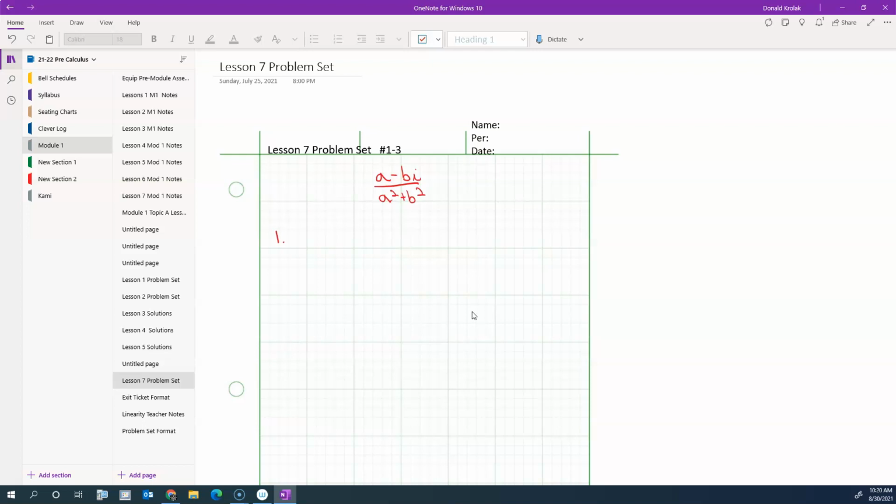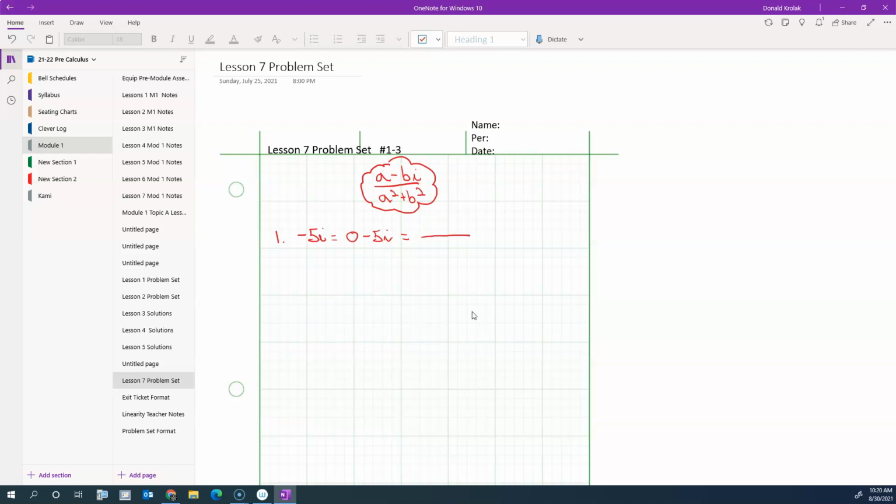So if I did number 1 here, negative 5i, well, if we use this general rule right here, negative 5i would be the same as 0 minus 5i.